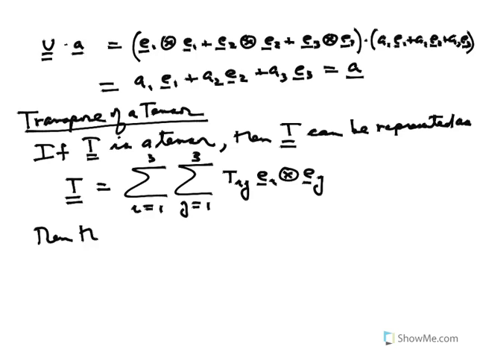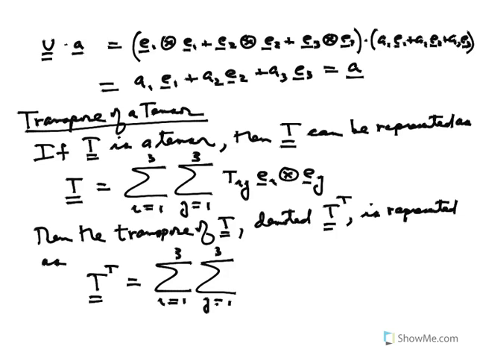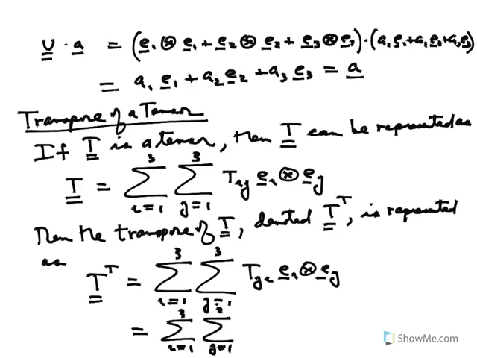Then the transpose of T, which is denoted T transpose, is represented as T transpose equals the sum from I equals 1 to 3 of the sum from j equals 1 to 3 of Tji Ei circle cross Ej, which also happens to equal the sum from I equals 1 to 3 of the sum from j equals 1 to 3 of Tij Ej circle cross Ei.